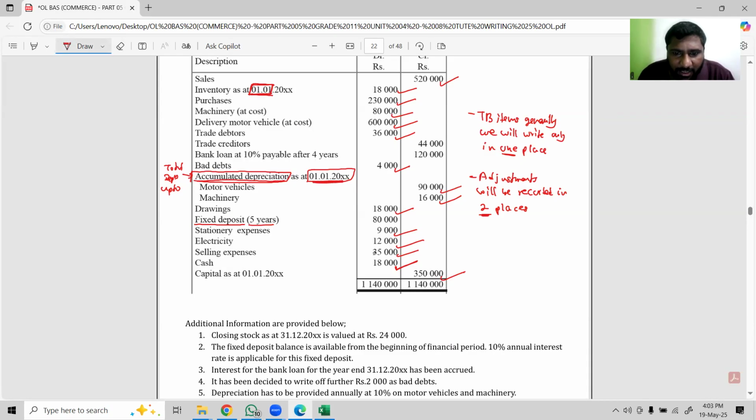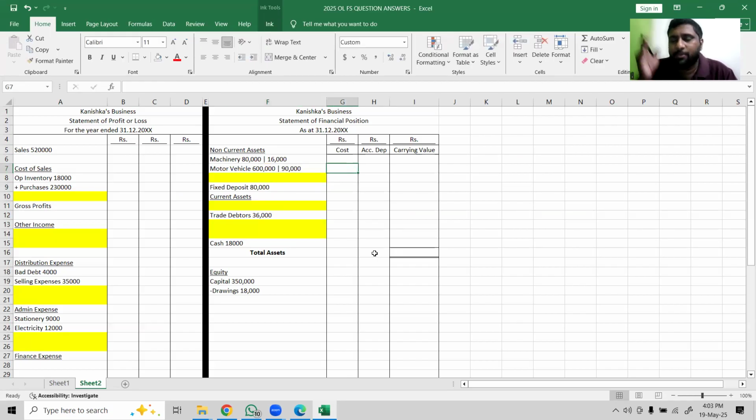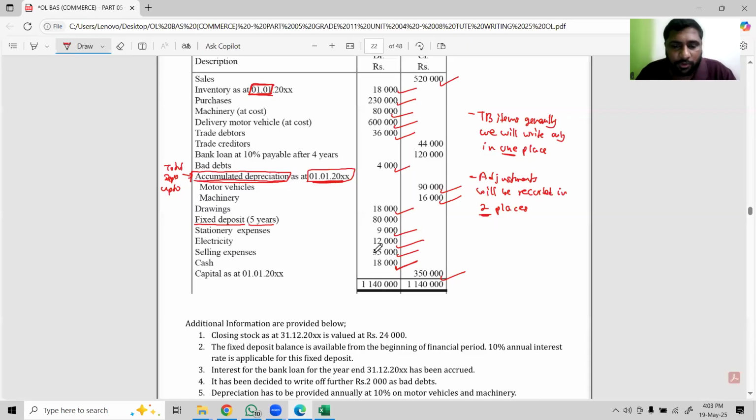For the motor vehicle, write 90,000. So why did I put that separation? Before the small separation line, it is the cost. After the small separation line, it is accumulated depreciation. So those two are also done.